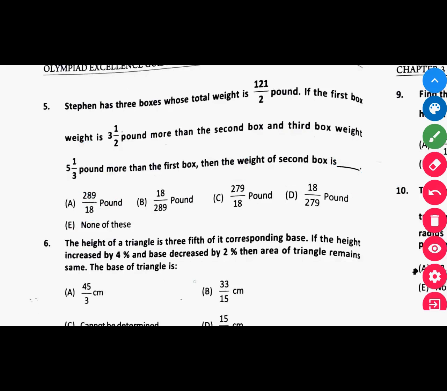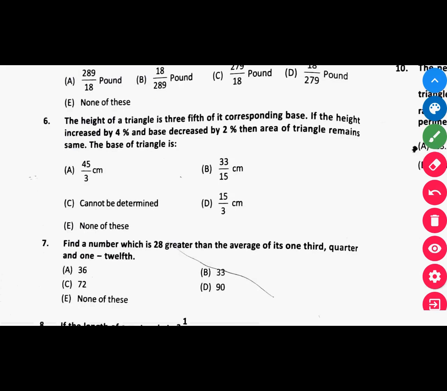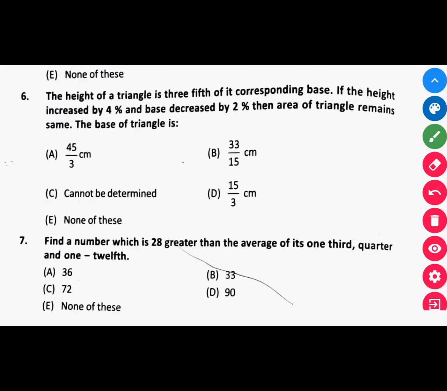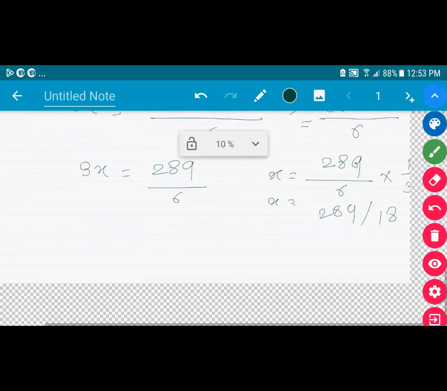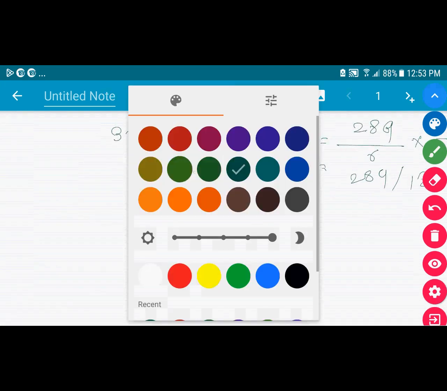Now the next question is: if the height of the triangle is 3/5 of its corresponding base, if the height increases by 4% and the base decreases by 2%, then the area of the triangle remains the same in both conditions. Now first you should know the formula for the area of a triangle.